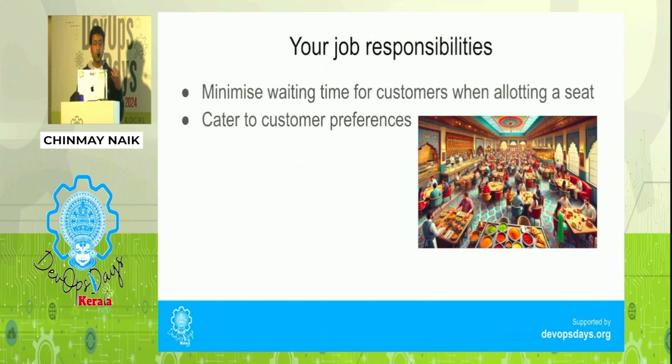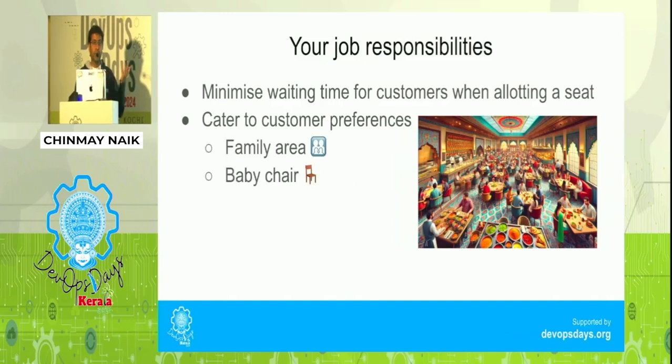Then you're going to cater to new customers' preferences. I'm with a family, so I need family-oriented seating, or I'm in the mood for a drink, so I need to be able to sit at a bar. We have a baby, so we might want a baby chair as a sidecar. Oh, I might want a window view, a nice view of the restaurant, like looking at the river, etc.